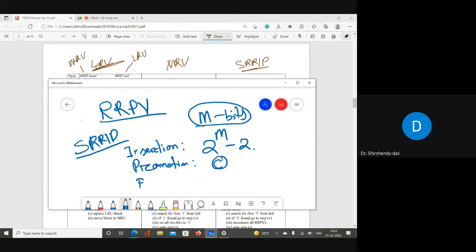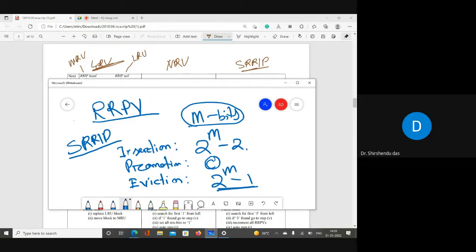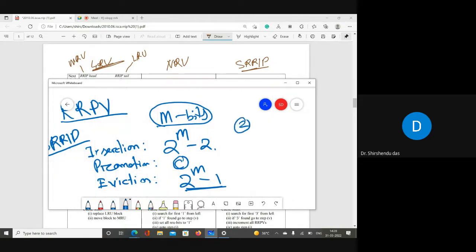And then the eviction policy. In eviction, they evict from position 2 to the power m minus 1. From this position, they evict. Suppose the m bit is 2, then insertion will be at position 2, promotion will be 0, and eviction from position 3.